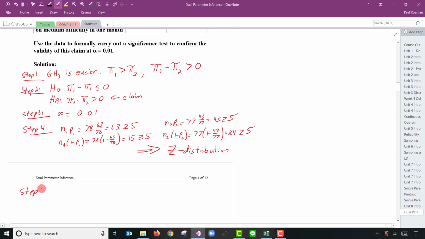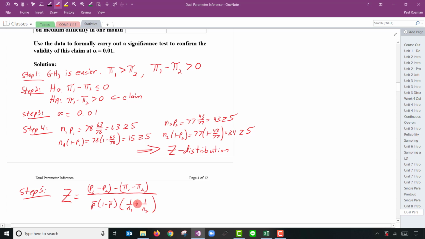And then we can move on to step 5, which is where we write down our test statistic. For this one, it's p1 minus p2 minus pi1 minus pi2, all over the square root of p bar times 1 minus p bar, times 1 over n sub 1 plus 1 over n sub 2.